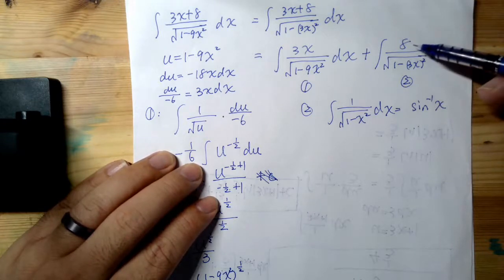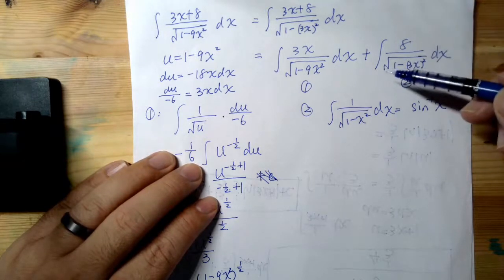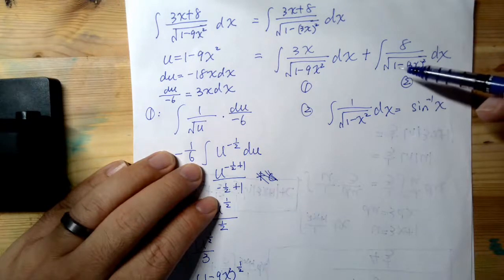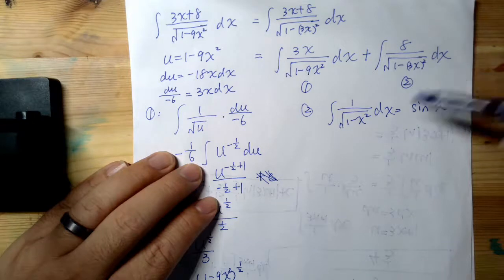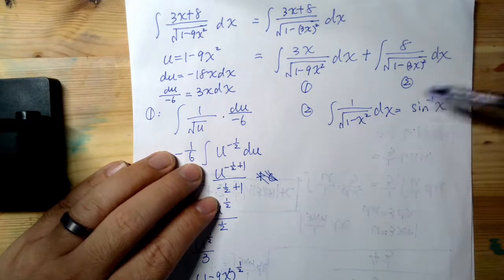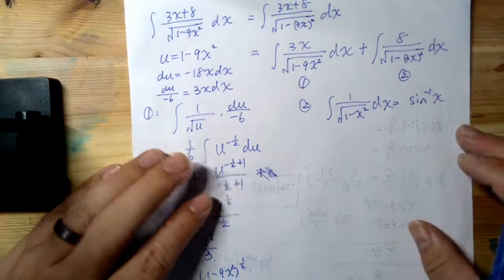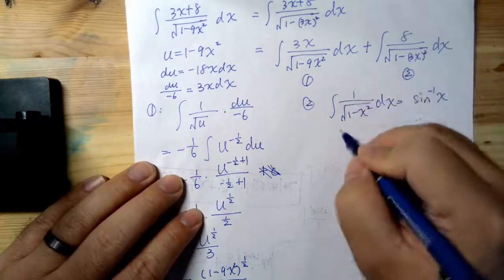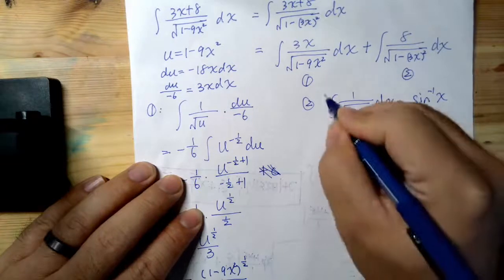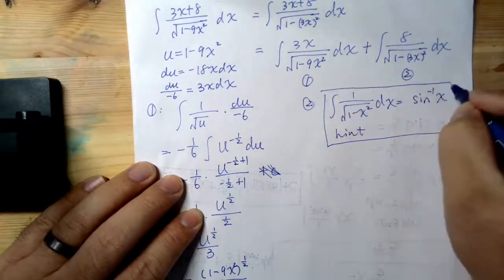Because look at here, this 8 is a constant, and we can bring it out. And this denominator is exactly 1 minus something squared. Of course, it's not exactly x squared, but we can make a simple u substitution to handle this one. So this is our hint. You need to know this.